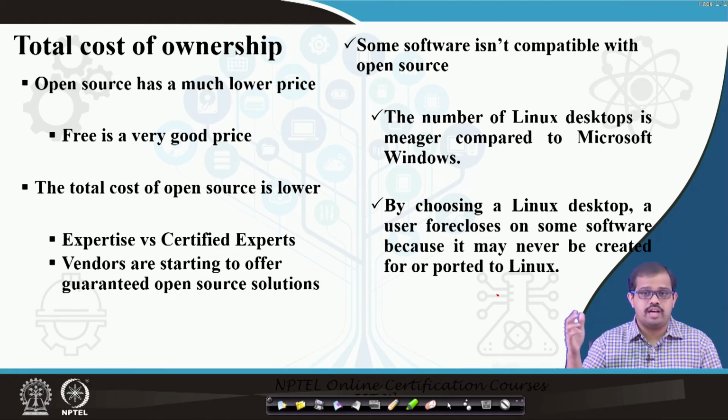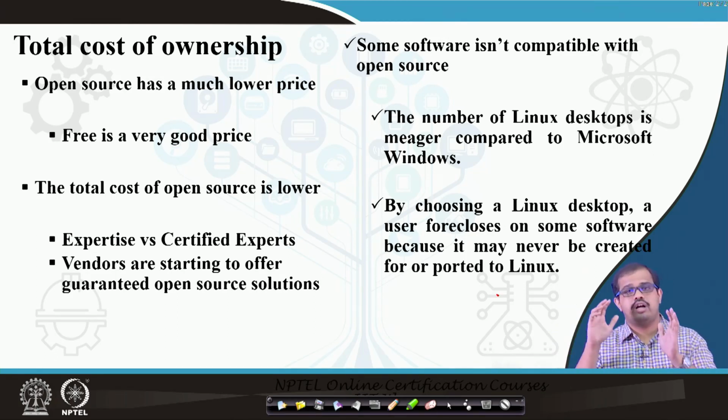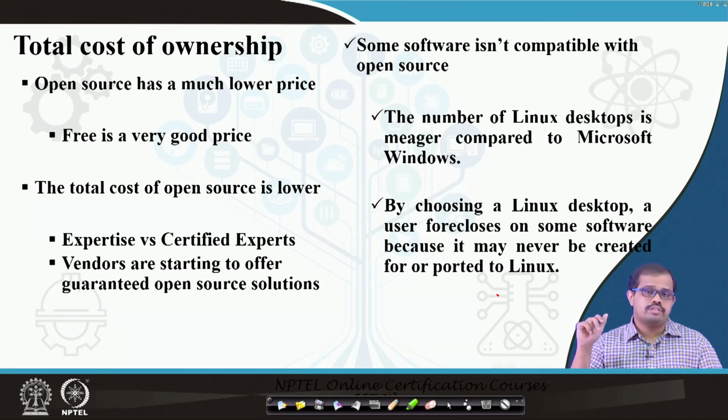Some softwares aren't compatible with the open source softwares. For example, the number of Linux desktops is very less when compared to that of Microsoft Windows today. But when I say some software isn't compatible with open source, it means that software has not been built for any of the open source platforms.